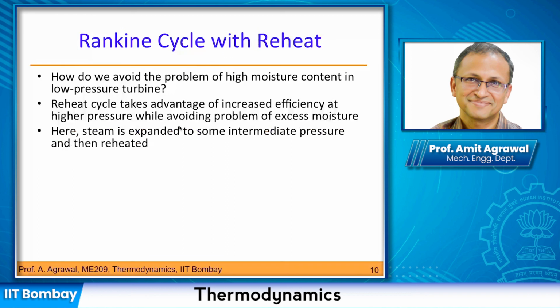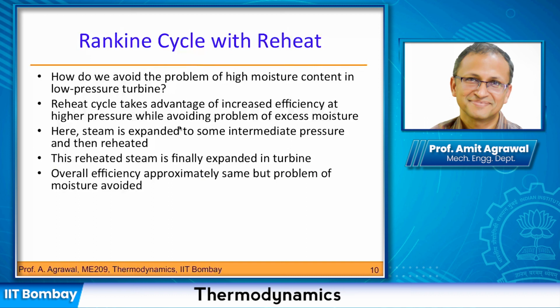And the steam is expanded to some intermediate pressure and then reheated. And then this reheated steam is finally expanded in the turbine. And of course, the overall efficiency can be improved and the problem of moisture can be avoided here.